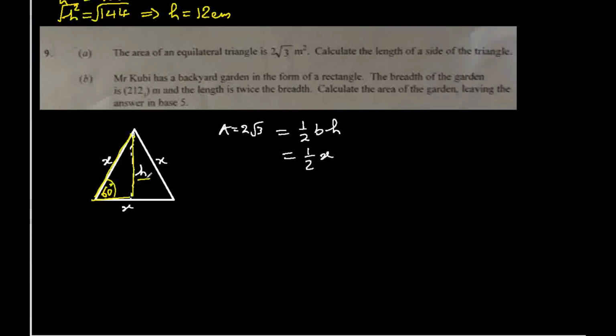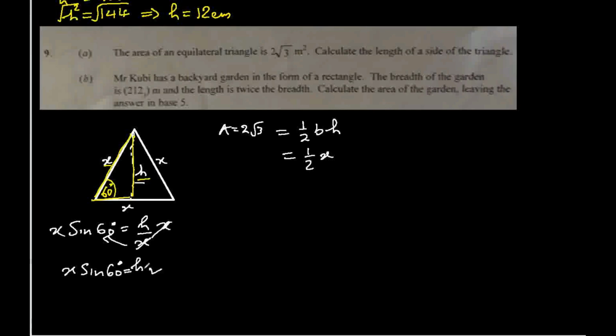So we can find h in terms of x, and that is the purpose. Let's write it here. Sine 60 degrees, with the help of trigonometry, is opposite h over hypotenuse x. So h equals x sine 60 degrees. We can multiply here by x, and x cancels.